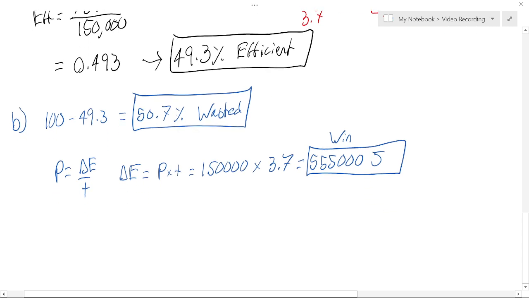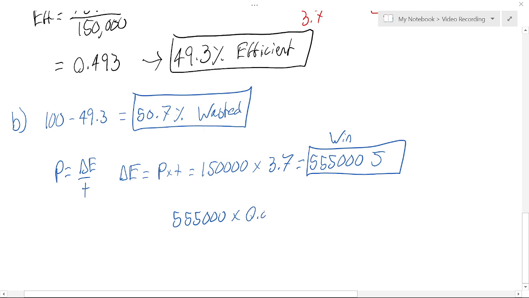Now of the total work input, we know 49.3% was useful and accelerated the car. And we know of this 555,000, we know 50.7% was wasted.